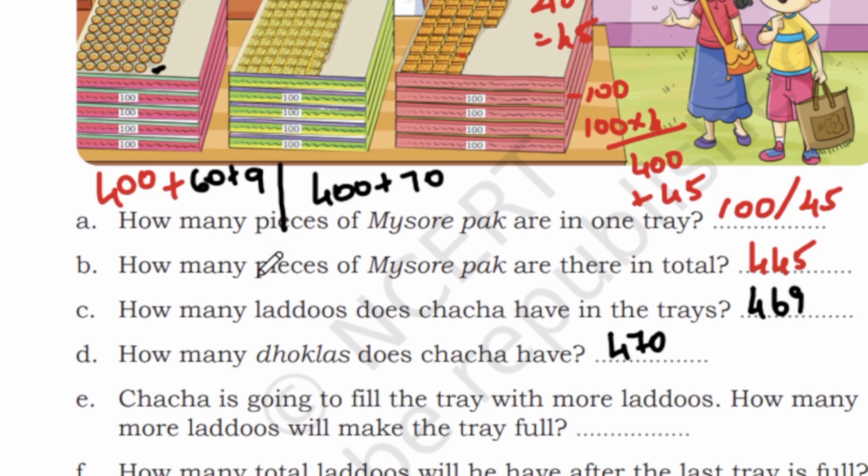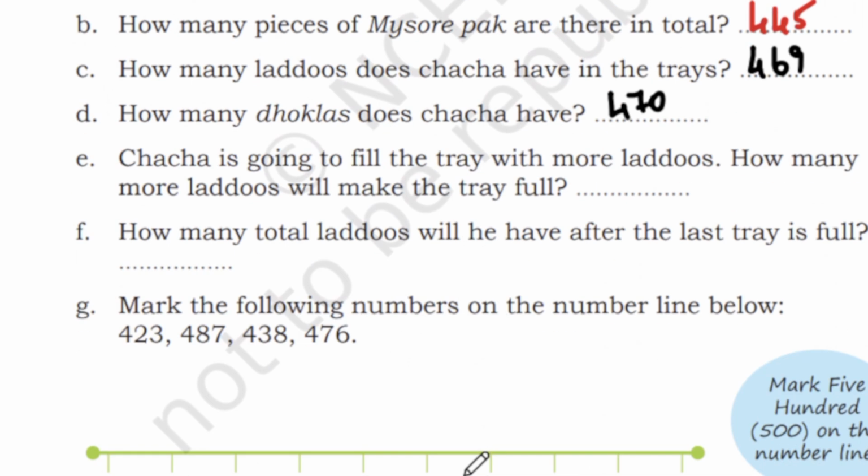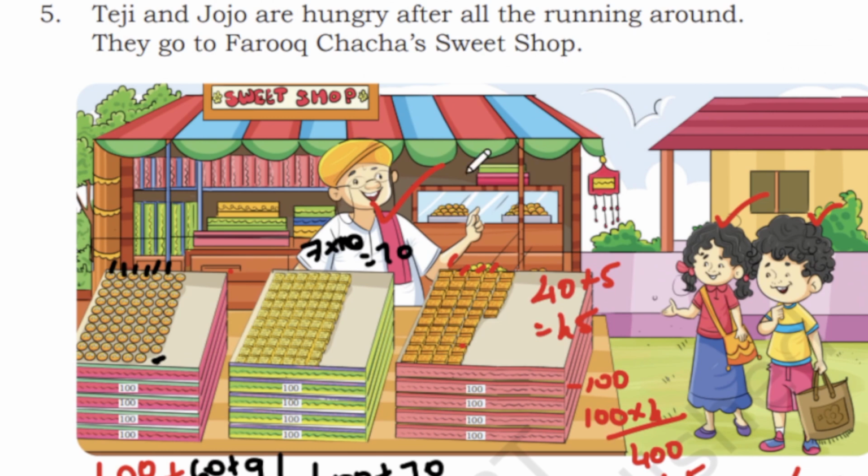We have to subtract from 100. So 100 minus 69 is 31. So we need 31 more laddus to complete this entire tray.